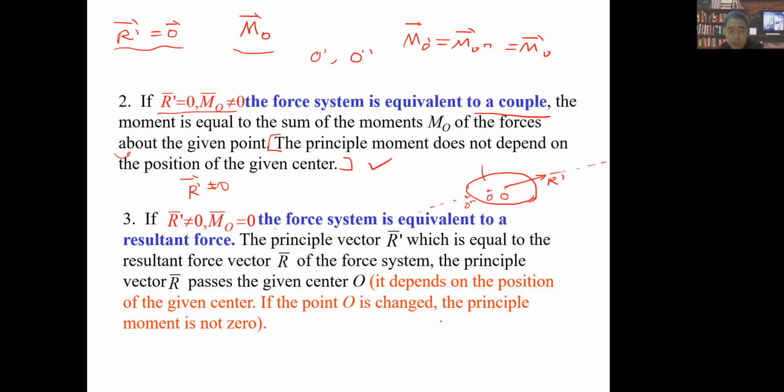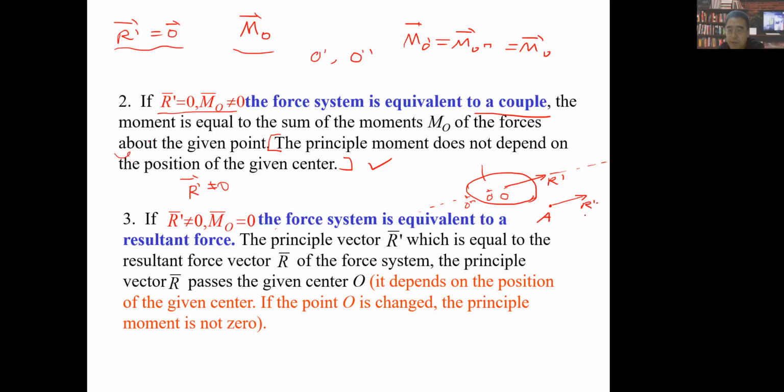So it depends on the position of the given center. If the point O is changed, the principal moment is not zero. Let me explain this sentence again. If you select a point, let's say A, and this point A is not on the action line of R prime, then according to the theorem of force translation, we can translate this R prime to here.